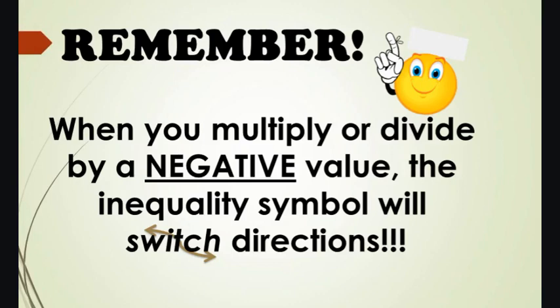So, for example, if your original inequality symbol states that Q is less than -7, by dividing by or multiplying by a negative value, it is going to switch and be facing the other way. And we're going to go through some examples so that you can visualize that as well.